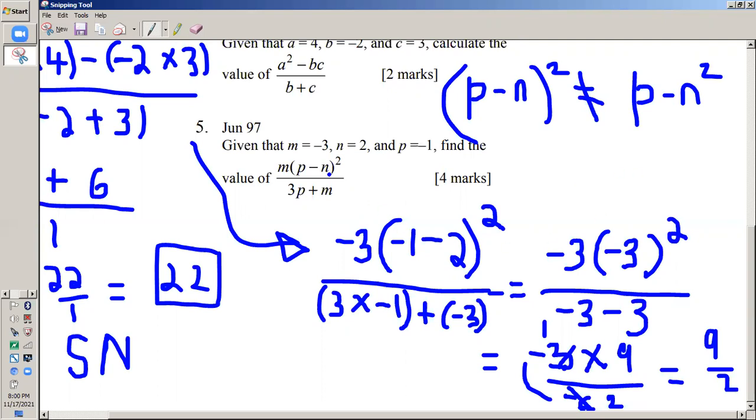Because the n is closest to the 2, the n to 2. That's what you said? No, because I thought the n was squared. No, look, look good. It's p open bracket, and the close bracket is there.